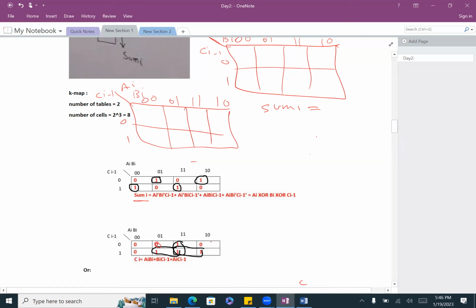Now for the carry, we've been able to group 2 together, 2 together, and 2 together. Based on that, when you see 4, that means you will have an OR. So you will have 1, 2, 3, and 4. Correct? We have 4 terms with 3 ORs.